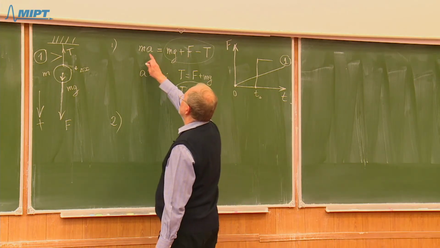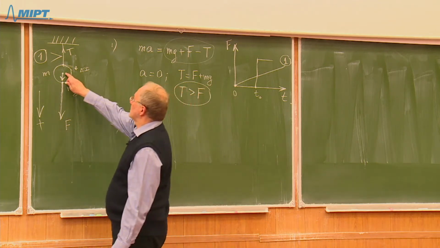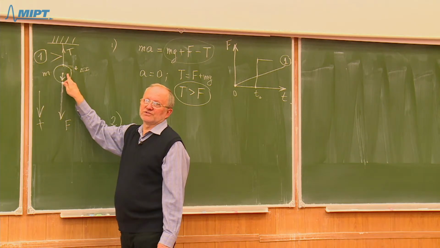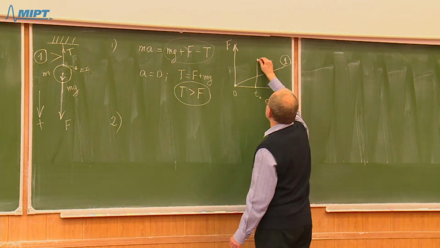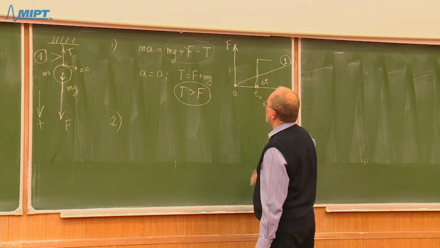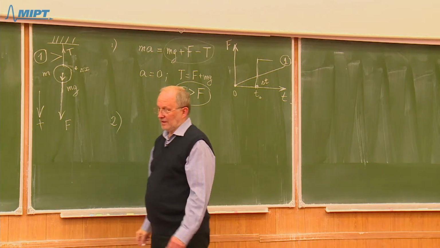In this case, acceleration a will not be 0, because the ball will be displaced by a small distance delta x in a very small interval of time, delta t. And therefore, the acceleration of this ball will not be 0.